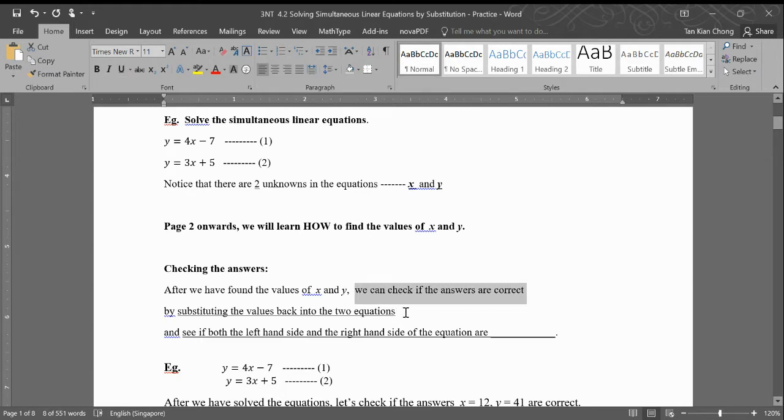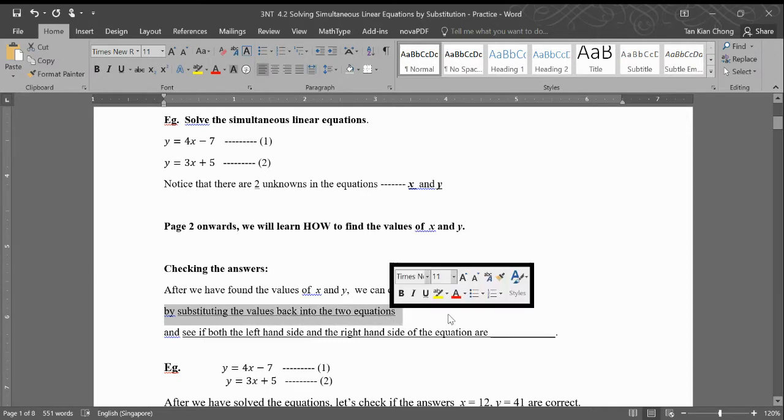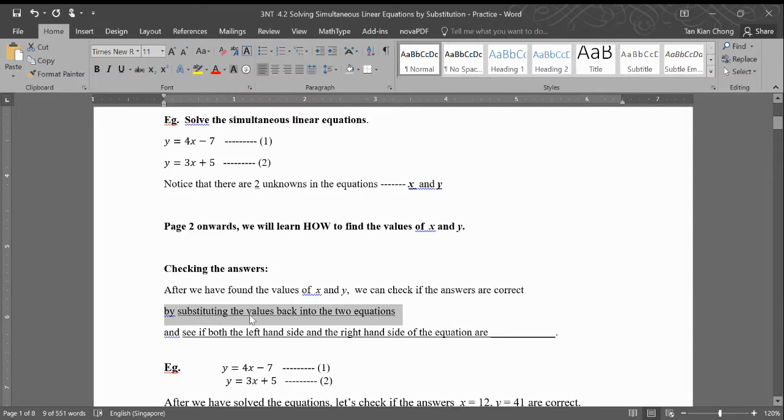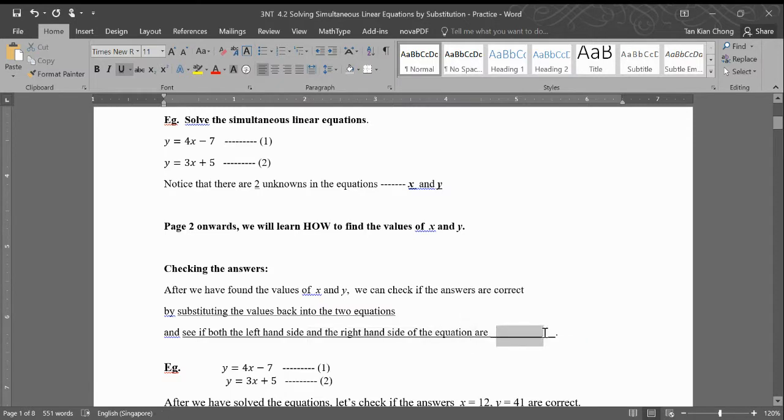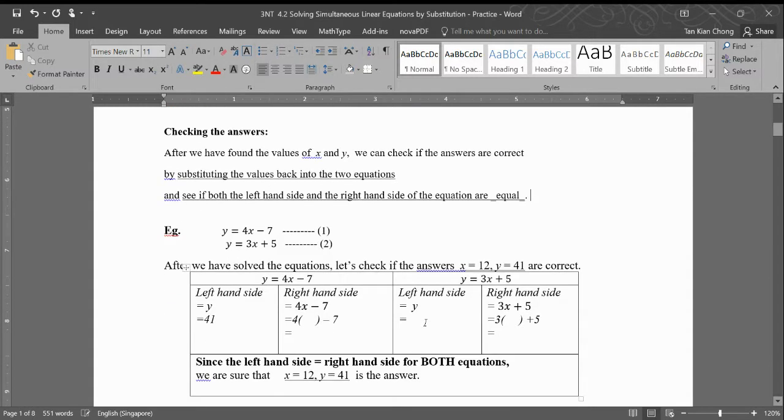How? Simply by substituting the values of x and y back into the equations given to us. We're going to substitute the answers back into the equations, and then we want to check if both the left hand side and the right hand side of the equation are equal.